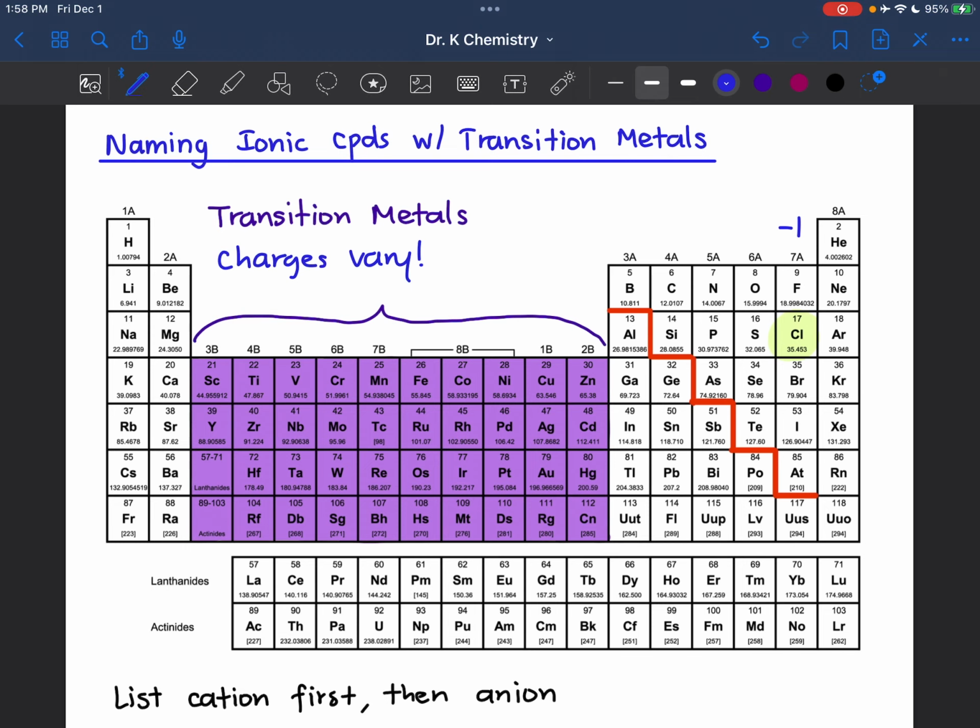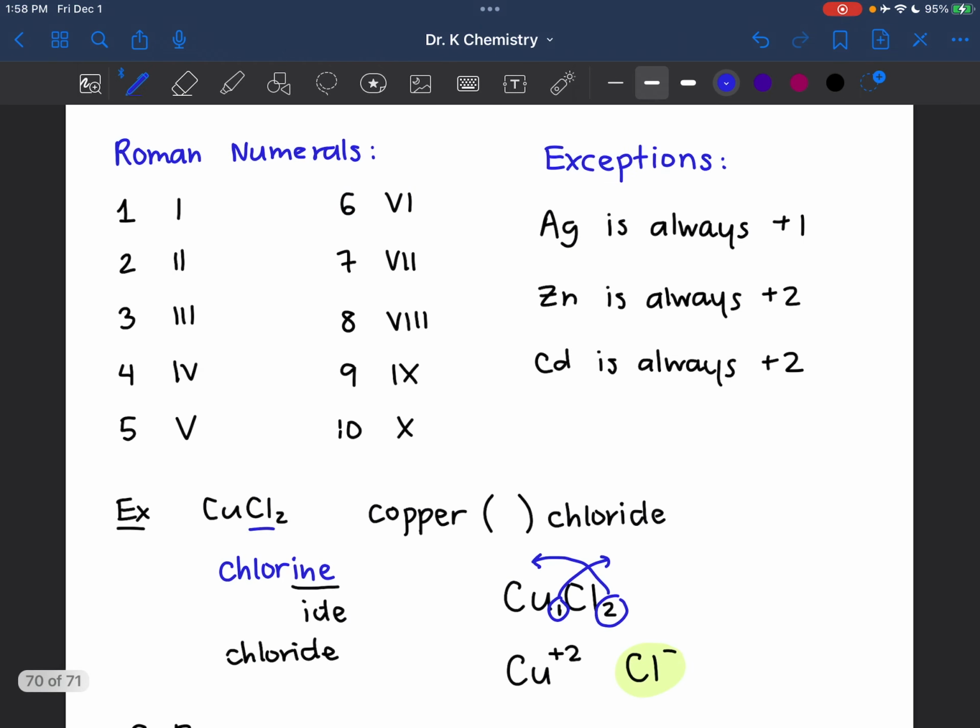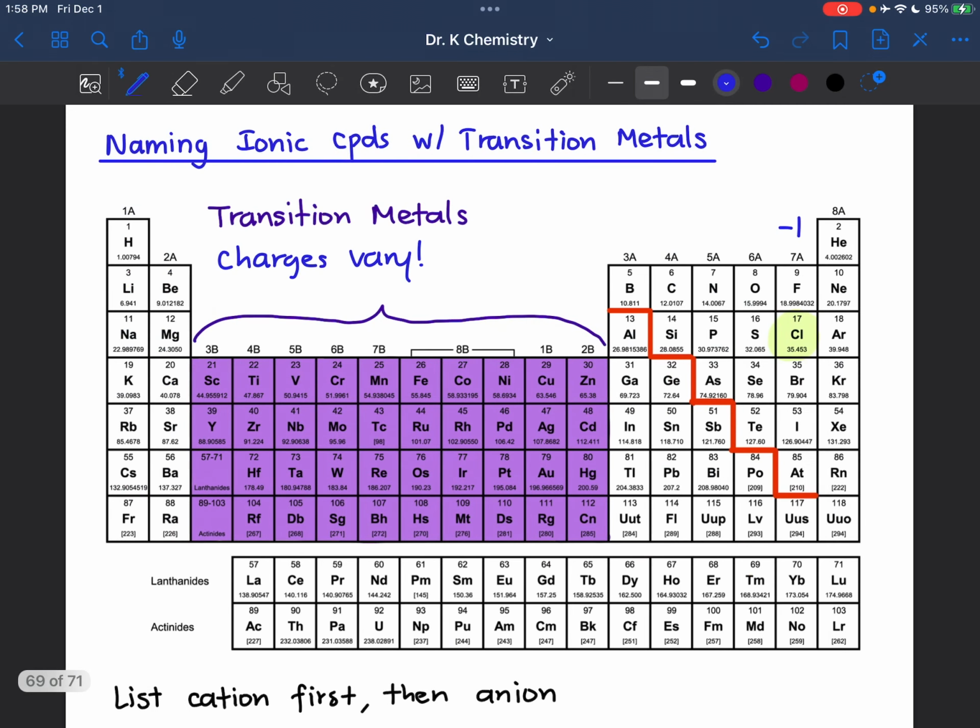They all have a charge of -1. So that makes sense. Charge of -1 on chloride is reasonable, which means that the charge on copper was indeed 2, and we would call that copper 2 chloride. And we can just go back and doodle in the remainder of these representative element charges that we can use to figure out the charges on our transition metals.